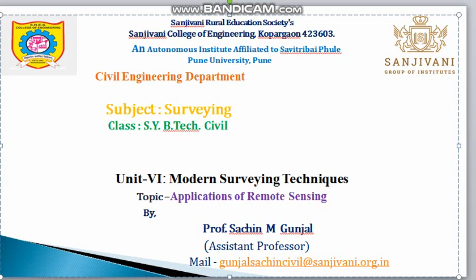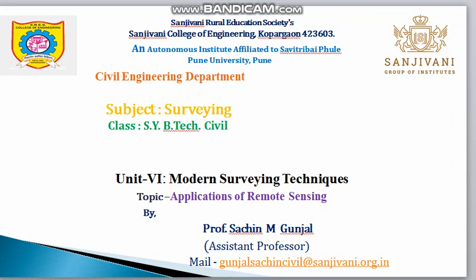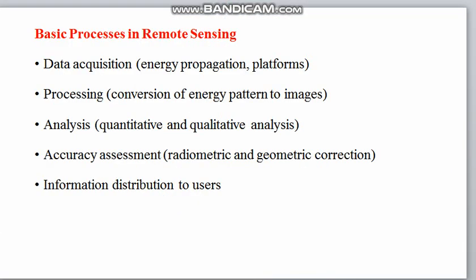Okay, so the application of remote sensing related to civil engineers. As we know, it is used in land acquisition, or when you have to collect the information regarding the flood area. So these are some examples. We saw in the previous lecture the basic process in remote sensing, that is data acquisition, then processing.